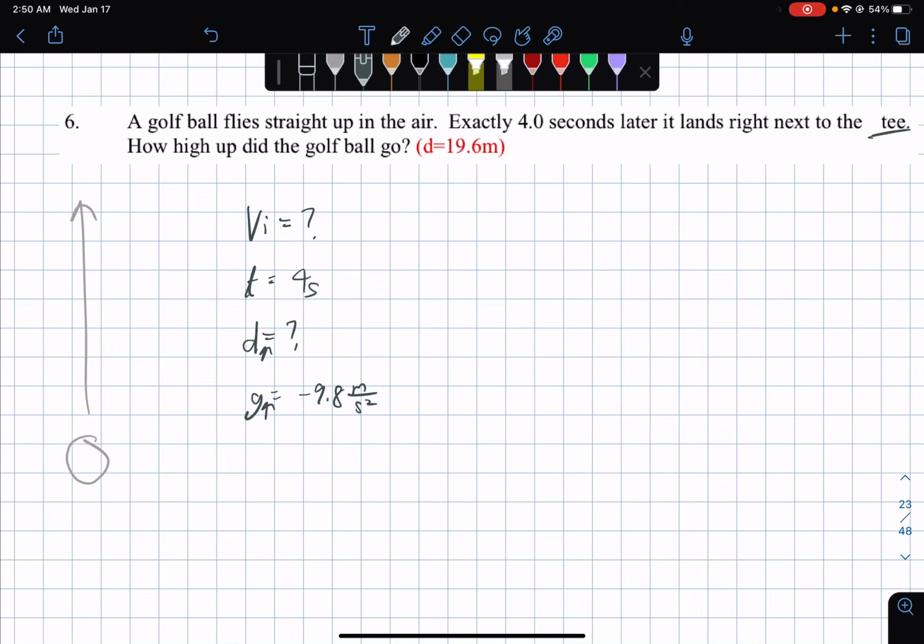I can't really say that this is the time going up, since I'm not sure if the height is as tall as whatever this is, the t. So for VF, we do know it. It's 0.